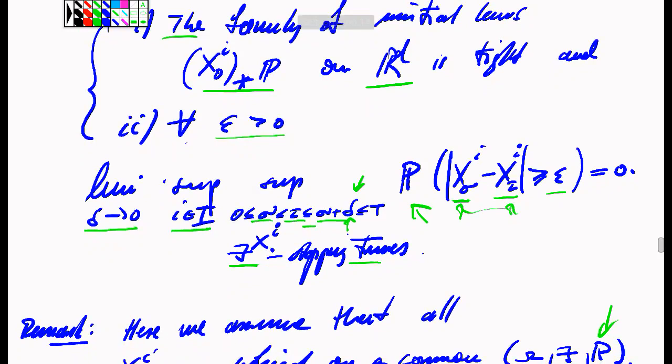The second condition, which is this seemingly very technical condition, basically says that the probability of having large jumps or large fluctuations in the trajectories becomes uniformly small when the time interval in which you want to observe such large jumps becomes small.